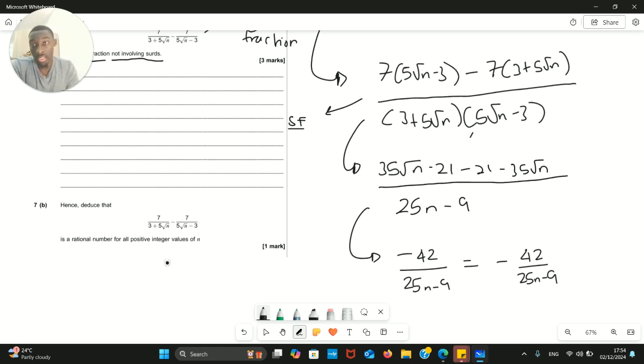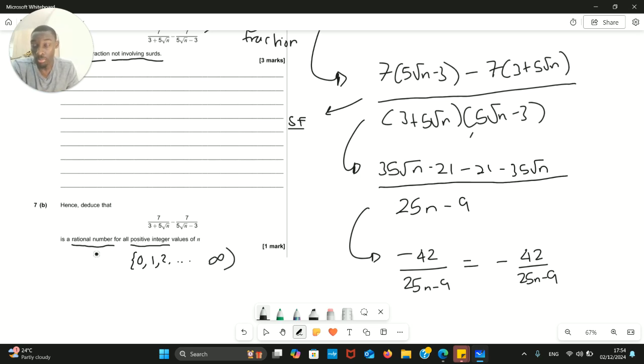Now part B is saying, hence deduce that what we've worked out is a rational number for all positive integer values of n. Again, we need to know what a positive integer is. These are whole numbers, starting from 0, 1, 2, all the way up to infinity. Now we want to show that for any number, we can get a rational number.